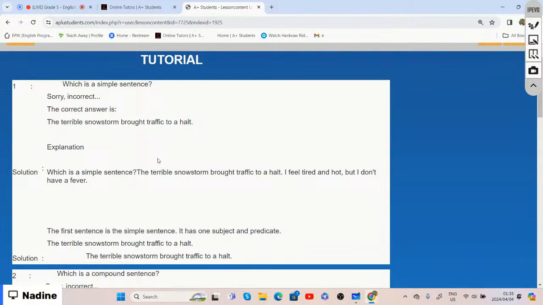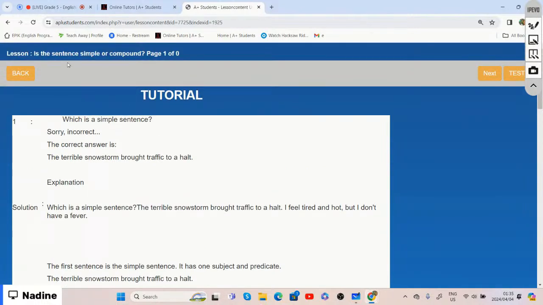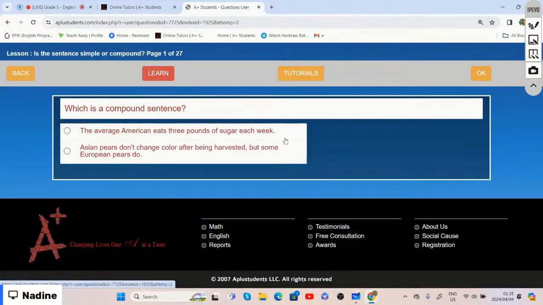That comma and coordinating conjunction join the two simple sentences, right? So let us go to our test.